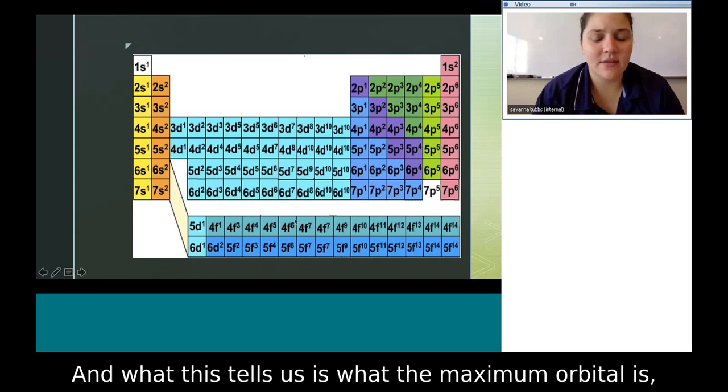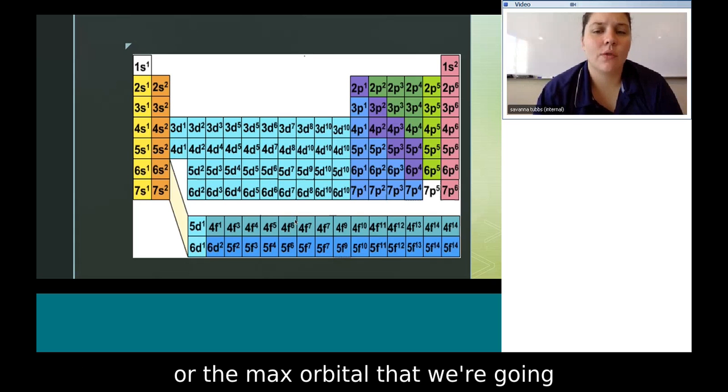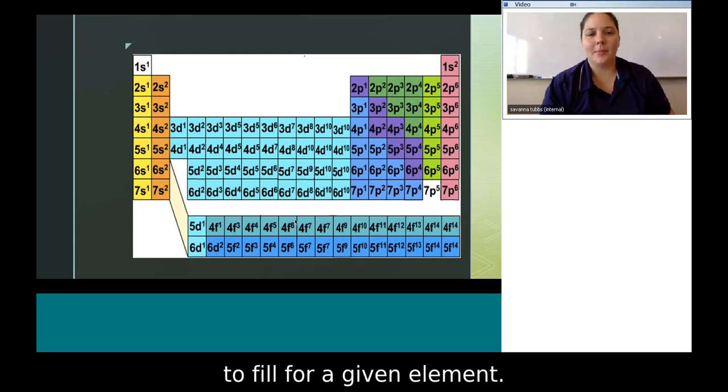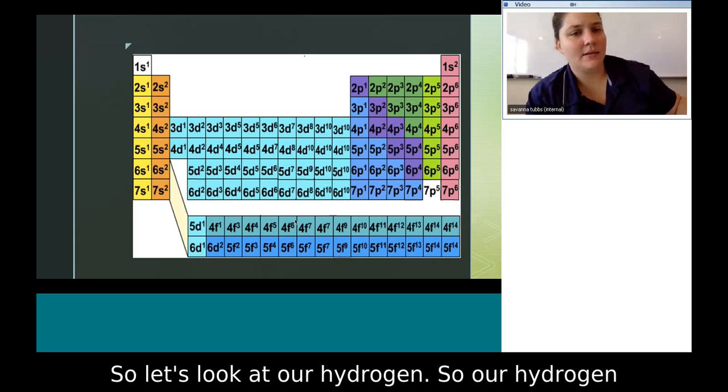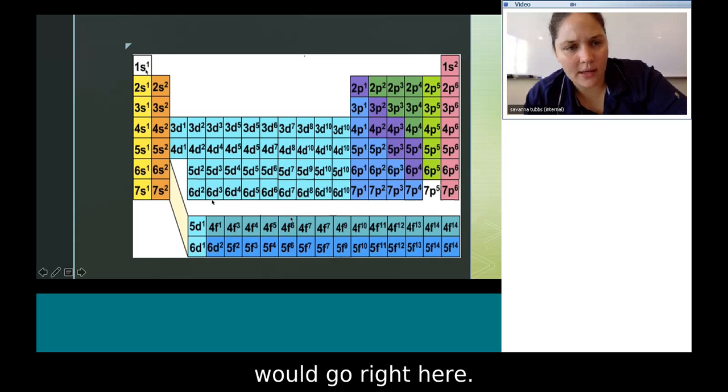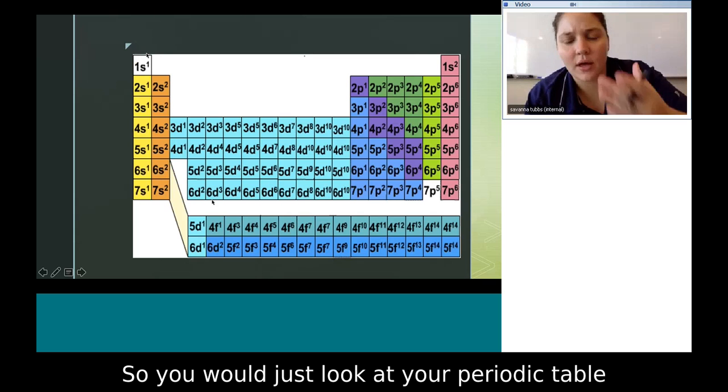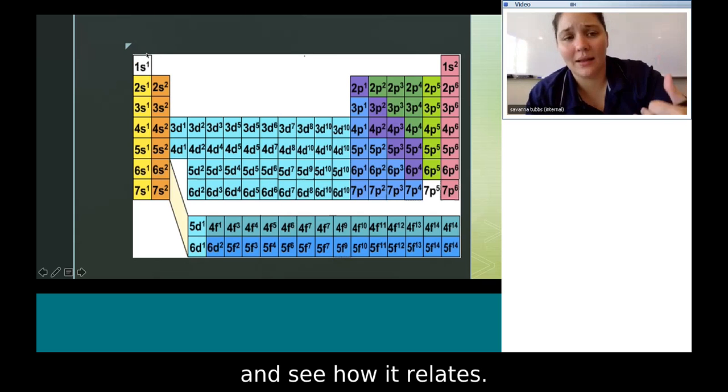And what this tells us is what the max orbital is that we're going to fill for a given element. So let's look at our hydrogen. So our hydrogen would go right here. You would just look at your periodic table and see how it relates.